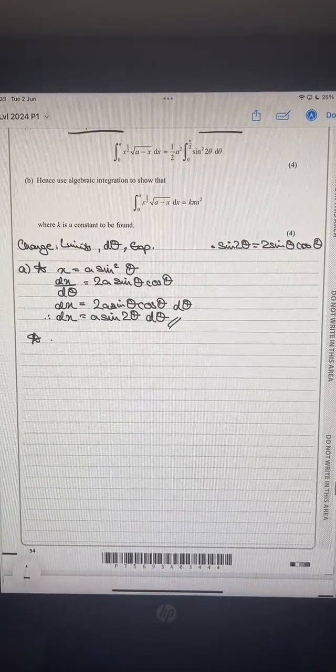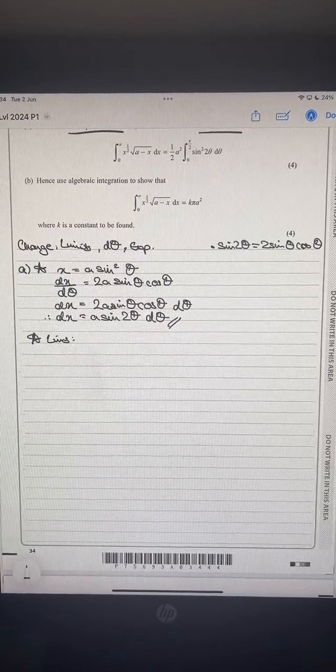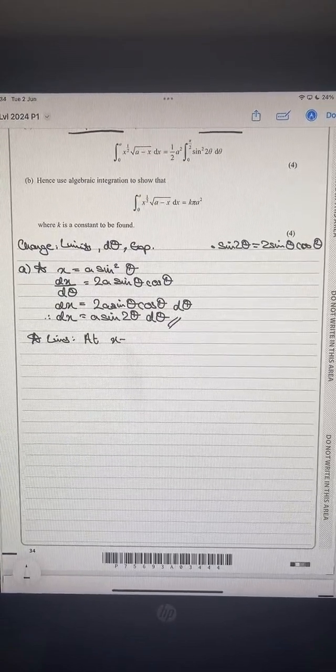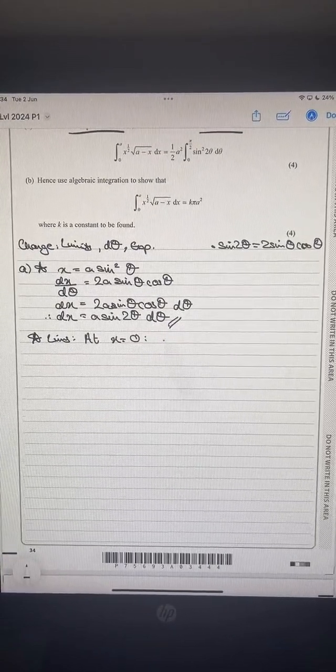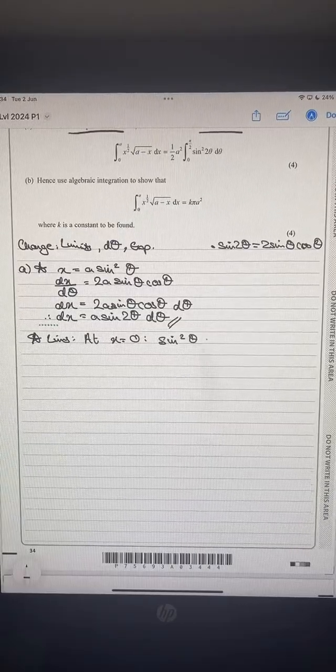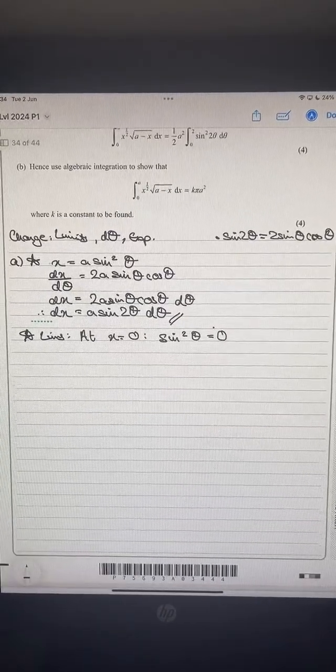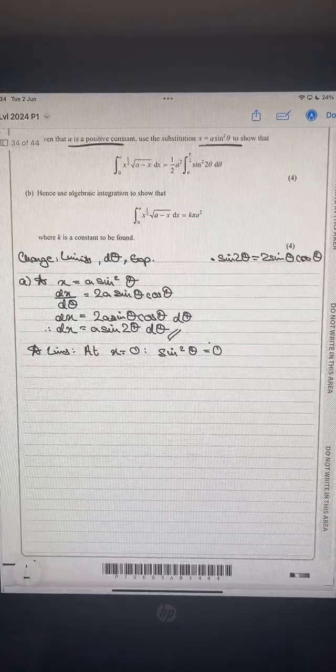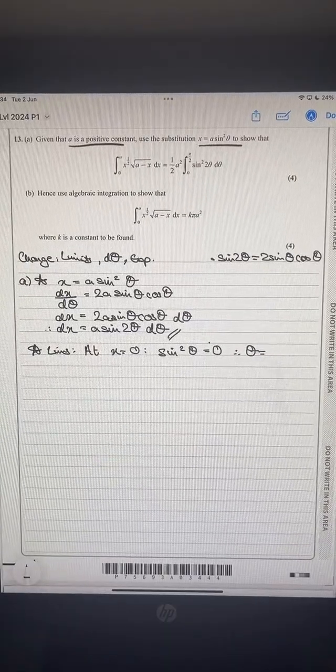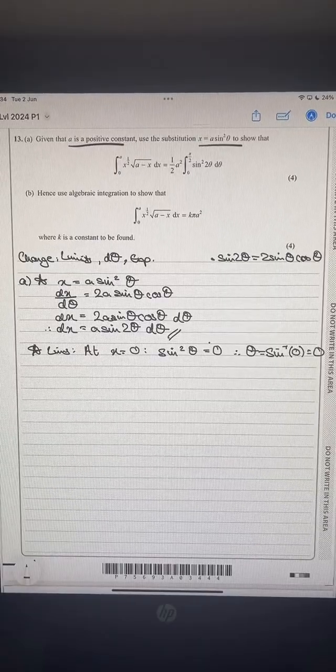So the second part is I'm going to do my limits. So at x equals 0, we have sine squared theta equals 0 because I've just plugged in 0 there and you divide by a. So therefore, theta is going to be equal to inverse sine of 0, which is 0. Okay, cool, that's my lower limit.